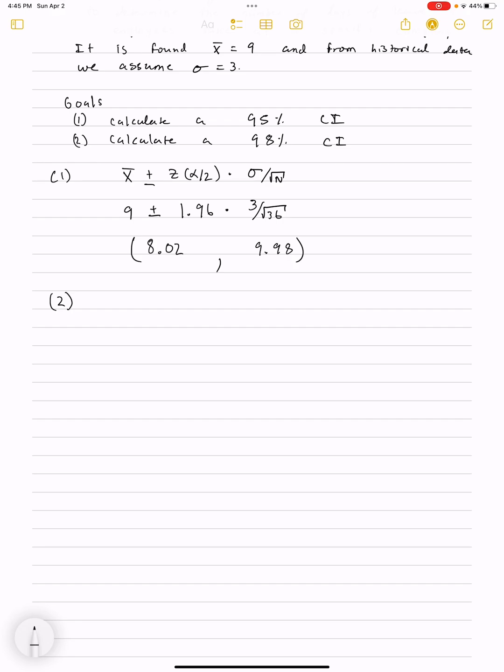Now I should probably just revisit this confidence interval. The interpretation, that's how a lot of people say it, the interpretation is that the true population mean is contained somewhere between 8.02 and 9.98. We don't know exactly if it's 8.02 or 9.98.